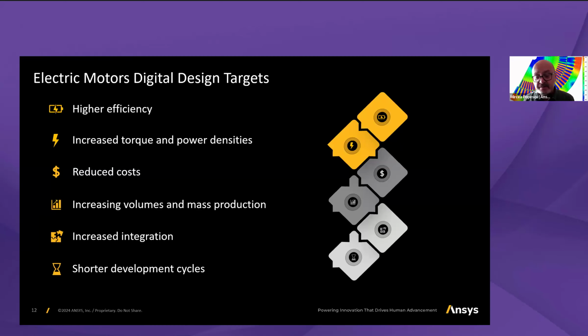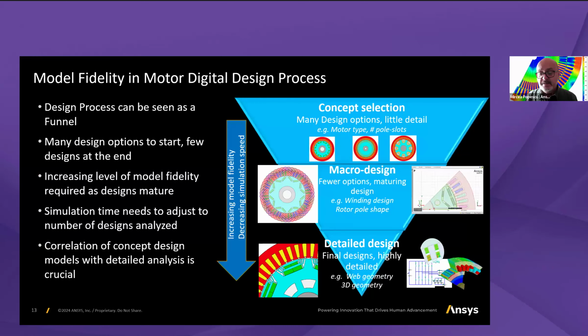So designing targets, obviously always looking at higher efficiency, increased torque and power density, reducing costs, increasing volume and mass production, increased integration and shorter development cycles. And typically from the digital design process point of view, we discuss this type of funnel approach.